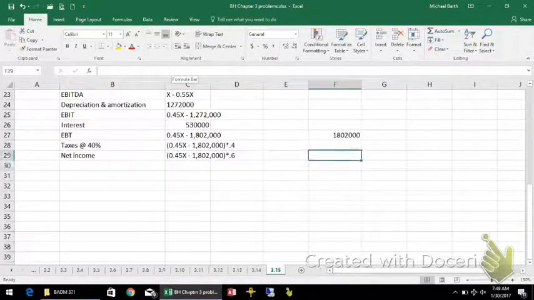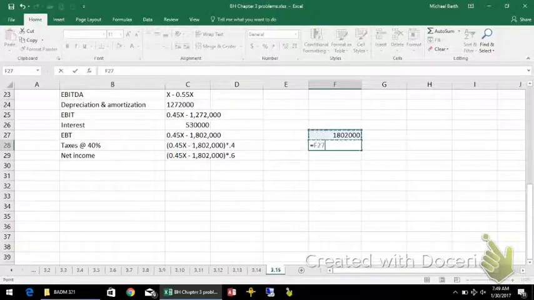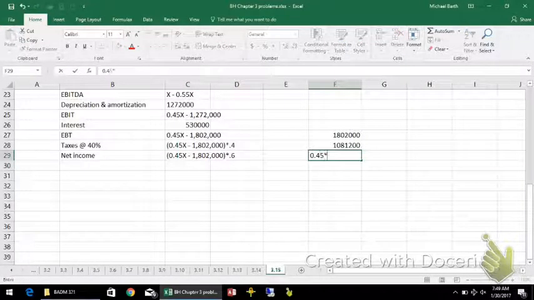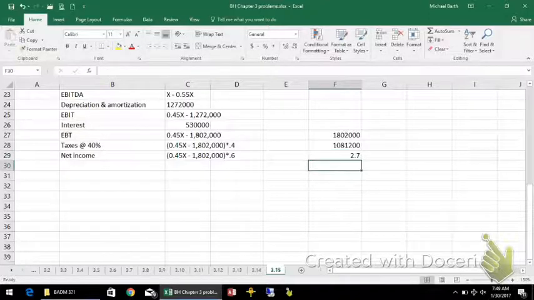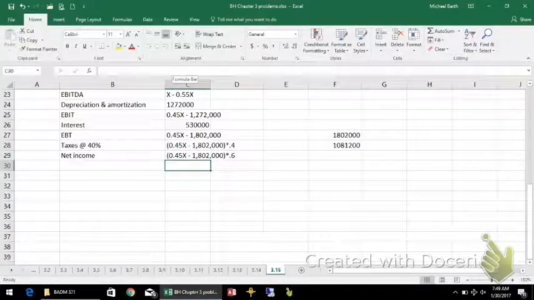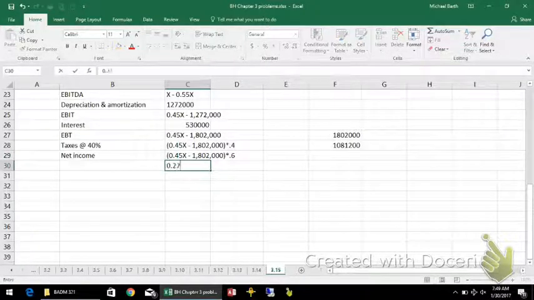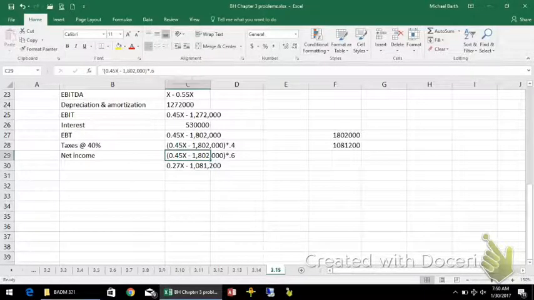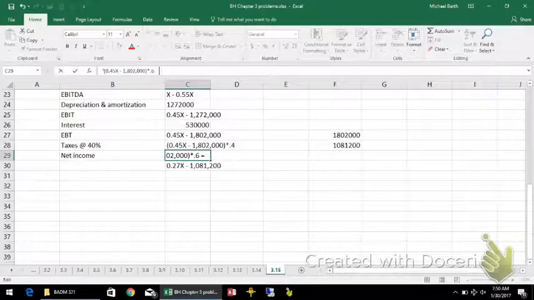So 0.45 times 0.6, and after multiplying through, net income is 0.27X minus 1,081,200. And that amount also has to be equal to $2.1 million.